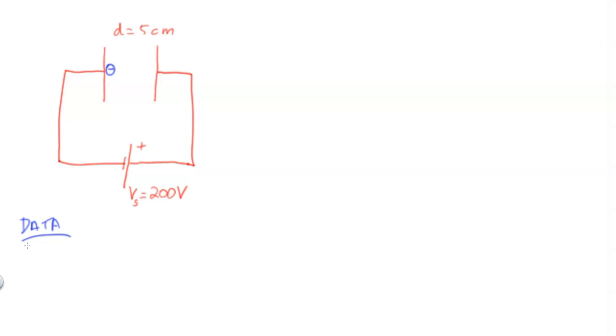Well, firstly, we know the supply voltage, and we know the distance between the plates is 5 centimeters, but I want to convert that, so I divide it by 100 to get that value in meters. So if I know the voltage and I know the distance between the plates, I can calculate the electric field strength using this formula.